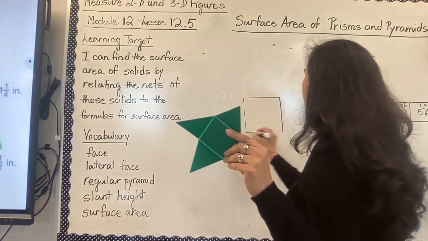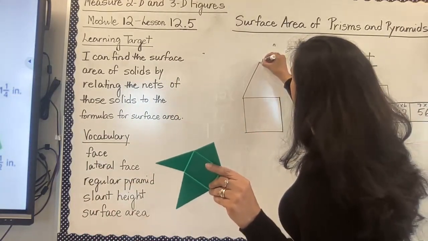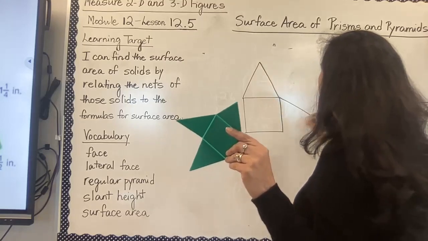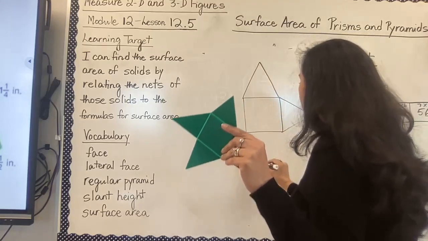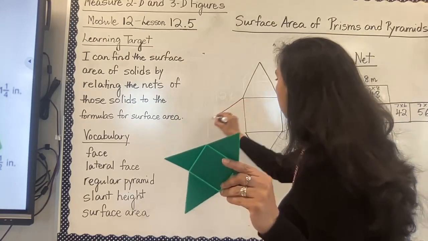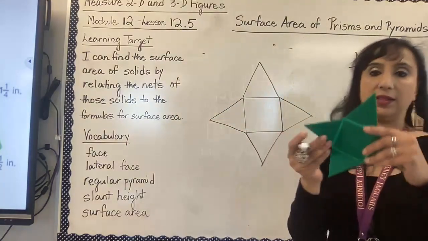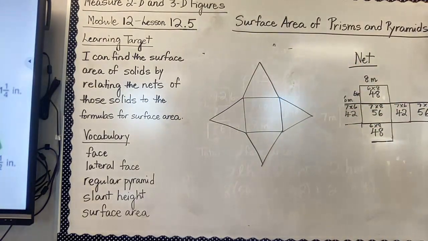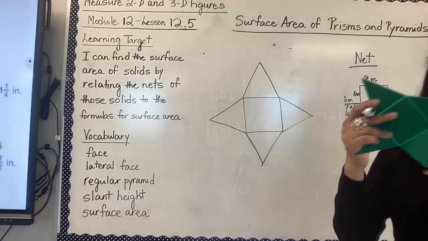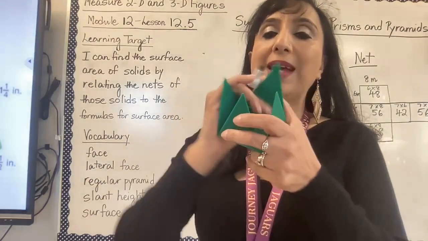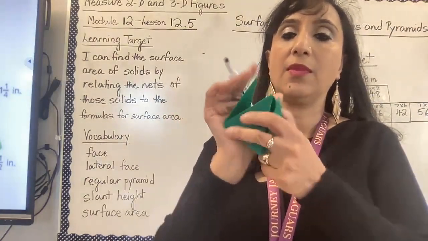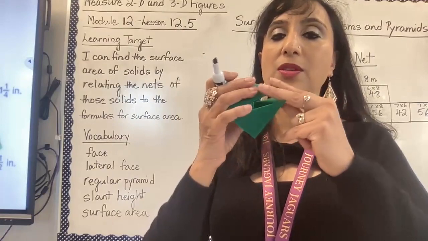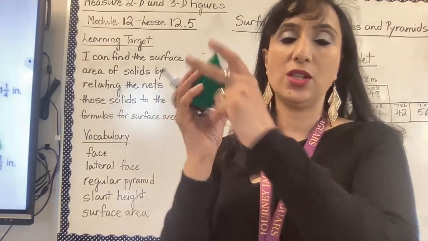So we have a square, and then we have 1, 2, 3, and 4 triangles. Once again, look at these. These are your triangles that are meeting at the vertex at the top. This is where they're all joining. That's called the vertex on the top.